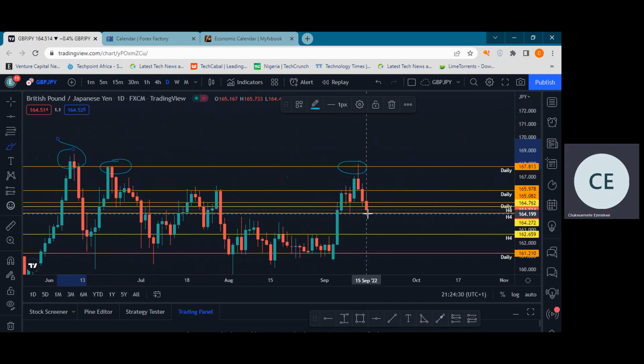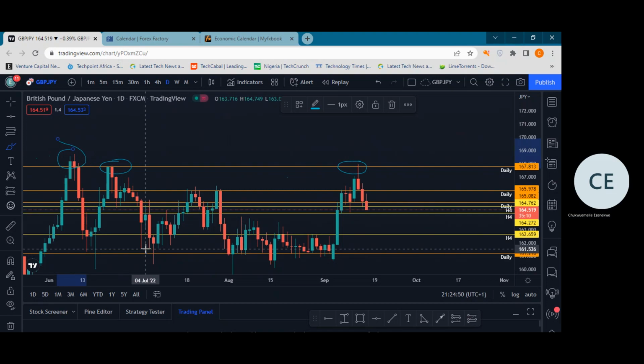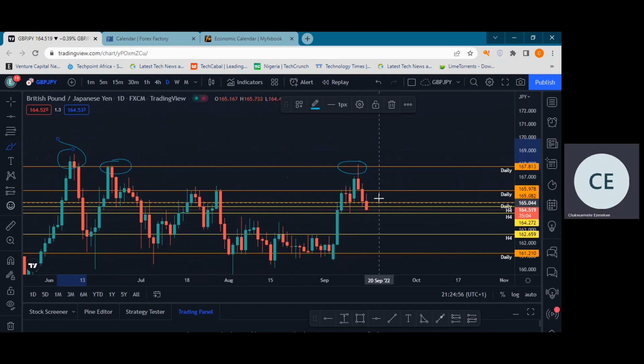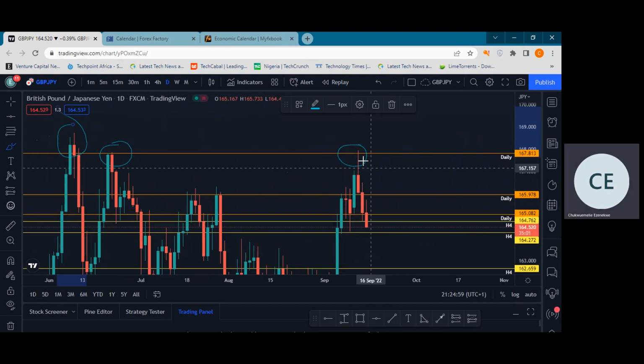Price will most likely drop down to this level, mirroring this clean candle, the same way that this clean candle upwards was mirrored to the downside. So now we're anticipating that the same thing will happen after the Tuesday candle rejected this.